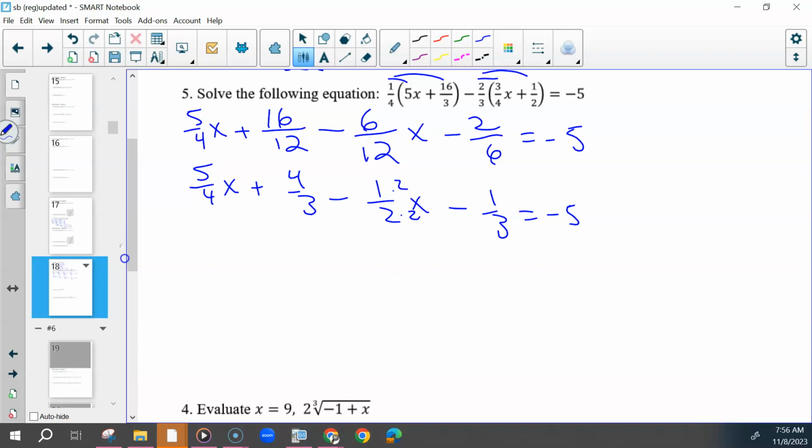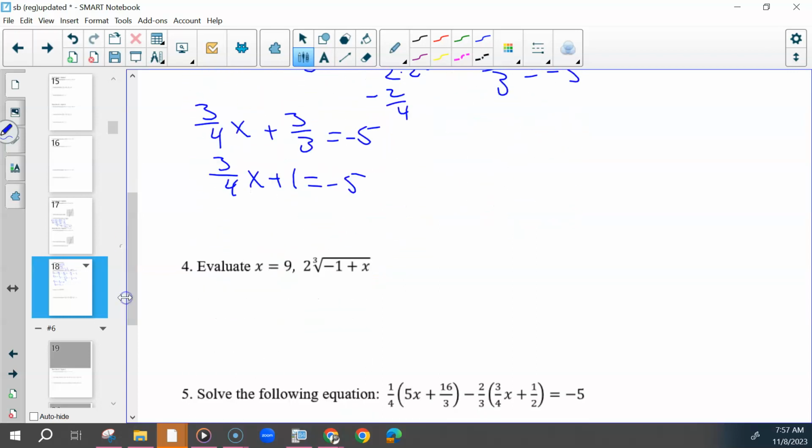So this would have become -2/4. So if you combine these two, that would be 3/4 x. When you combine these two, you would get 3/3 or 1. And then you would just solve it like a normal problem.